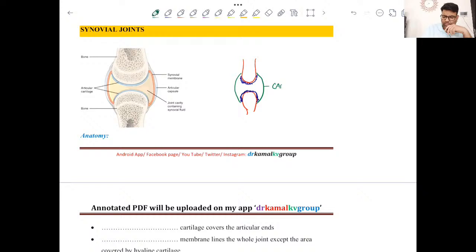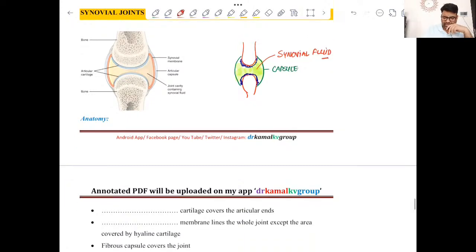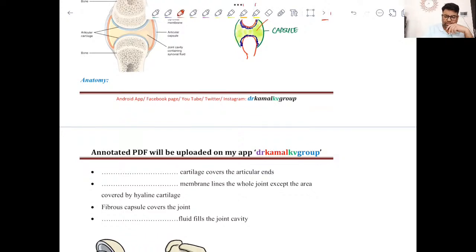So this is the capsule. Now this joint is filled by a fluid, and that fluid is known as synovial fluid. So here is a lubrication offered by the synovial fluid. Now this synovial fluid is secreted by the synovium.